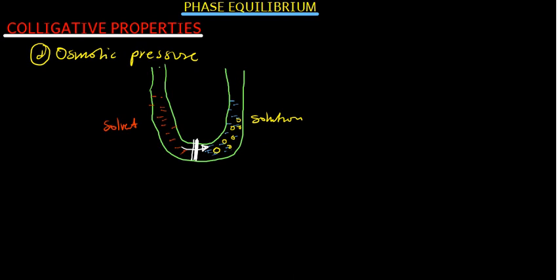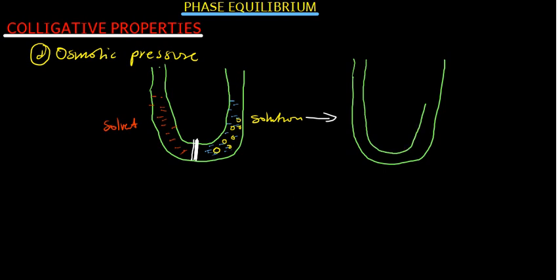Now, what happens in that? The reason why water is moving from this region to the other region is that we want to reach a point where the concentration in both solutions is the same. So what we are going to form is something like, let me put another one. Okay, like that. Because water is moving from this region into the other region, this region is going to be increasing in volume and the other one is going to be reducing.